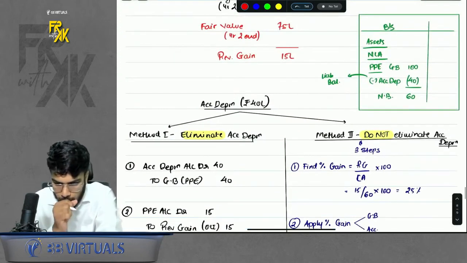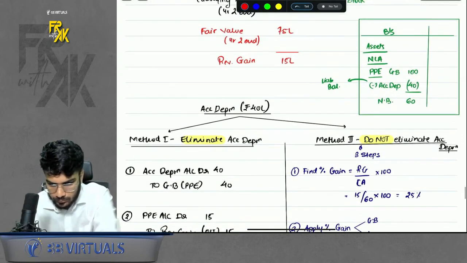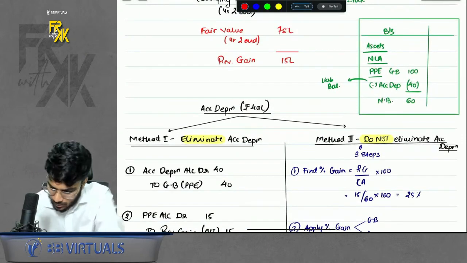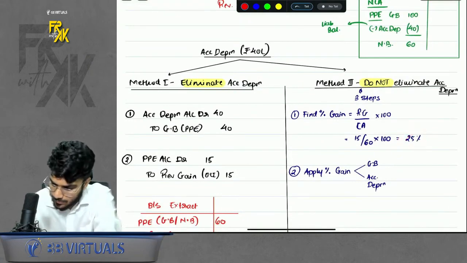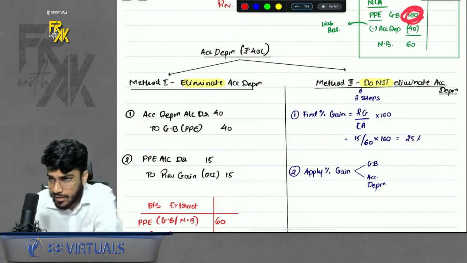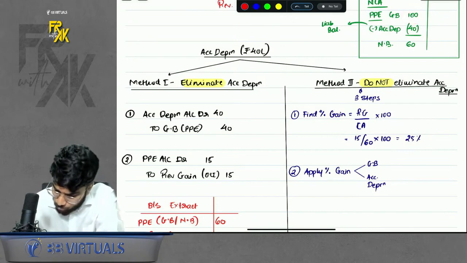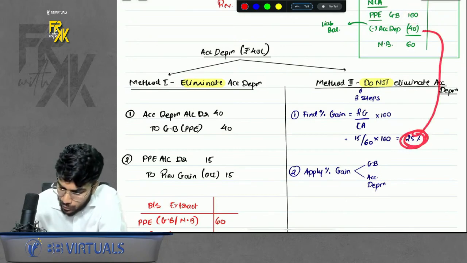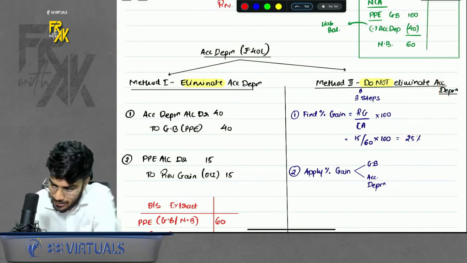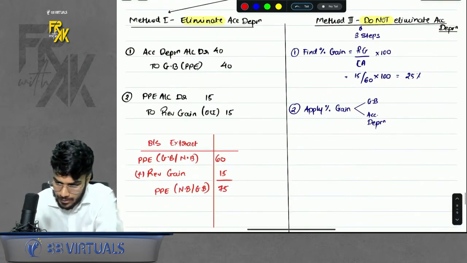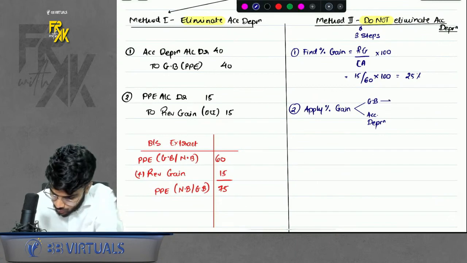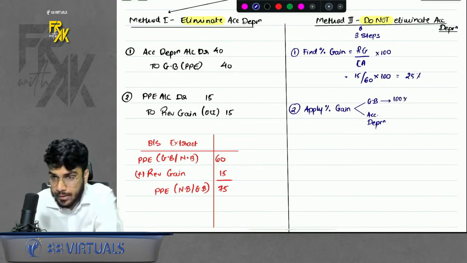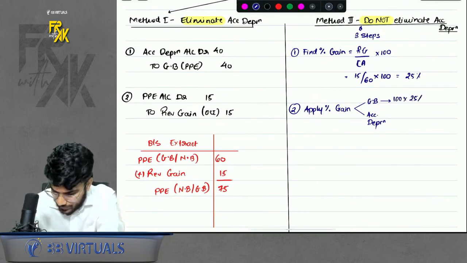So how do we do it? We will have to apply this 25% on the value of 100, that is the gross block. Also, we have to apply this 25% on the value of accumulated depreciation, that is 40, right? Let's try to see this. For gross block, we will say 100 into 25%, which is equal to 25, right?